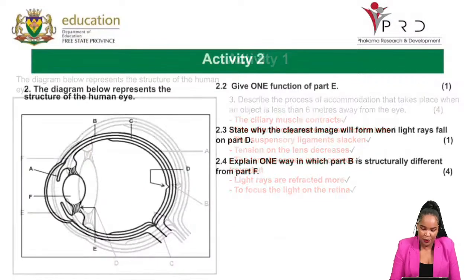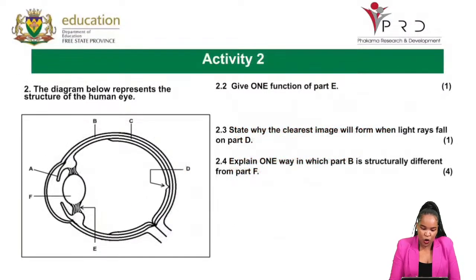Right, moving on. Activity 2: the diagram below represents the structure of the human eye. Give one function of part E. Look at part E. We've just spoken about part E. Then state why the clearest image will form when the light rays fall on part D. Part D, why will a clear image form when light rays fall here?